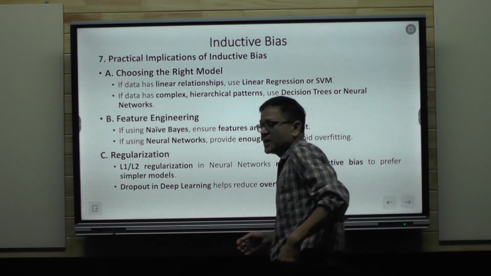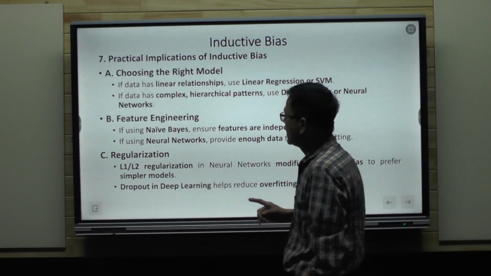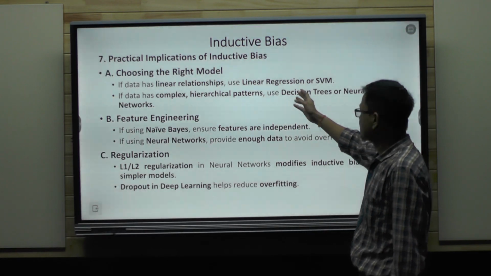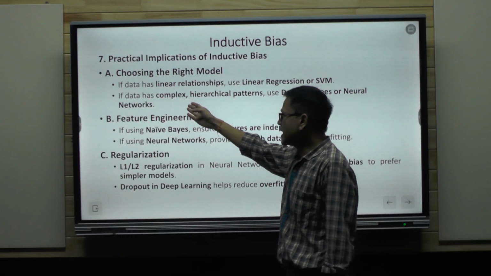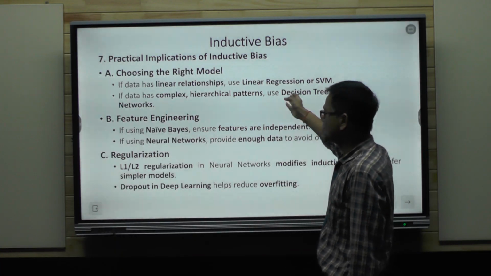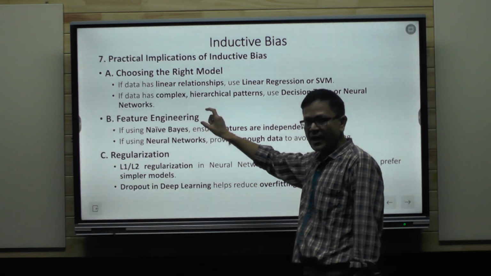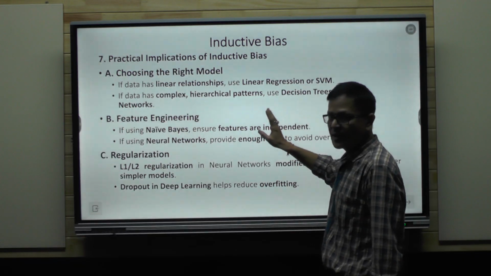Practical implications of inductive bias: choosing the right model. If the data has a linear relationship, use linear regression or linear SVM. If the data has complex hierarchical patterns, use decision trees. Feature engineering: if you are using naive Bayes, ensure the features are independent.